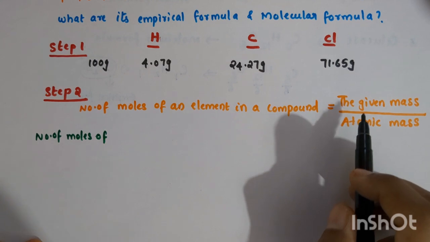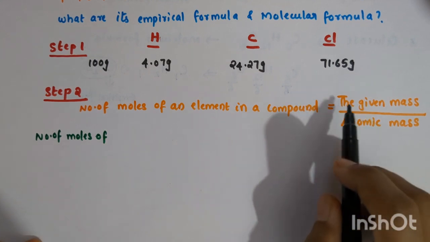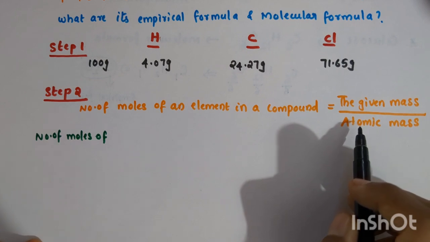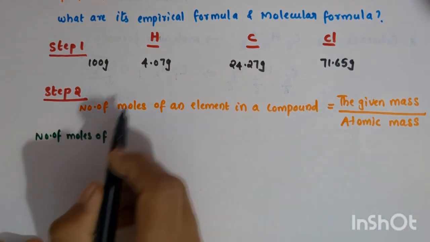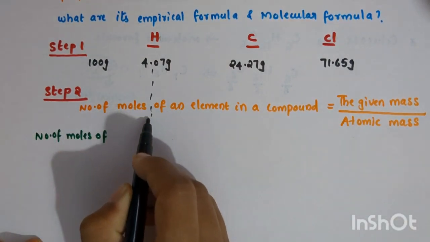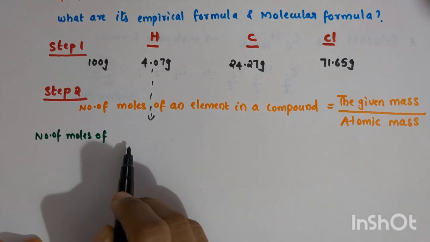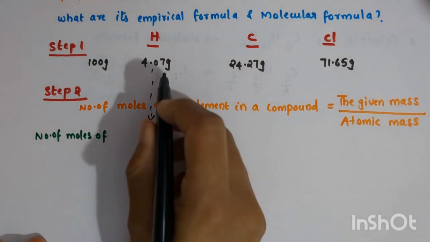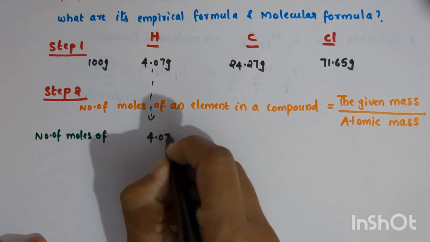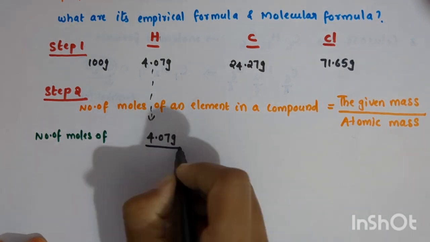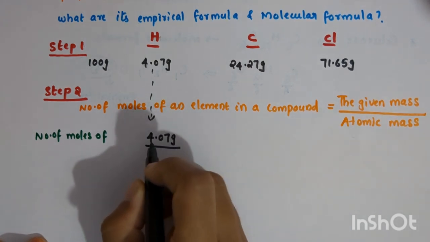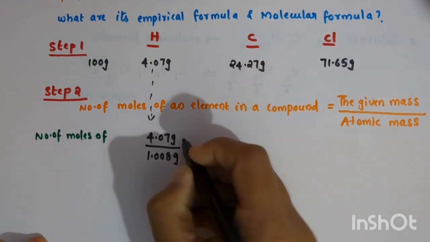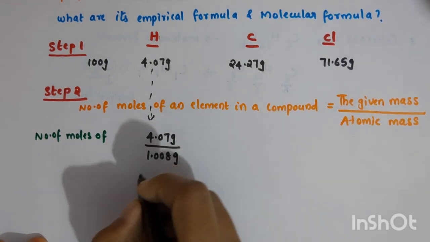The number of moles of an element in a compound is equal to the given mass of that element divided by the atomic mass of the element. So, the number of moles of hydrogen will be equal to the given mass of hydrogen, that is the mass obtained above, which is 4.07 gram, divided by the atomic mass of hydrogen. The atomic mass of hydrogen is 1.008 gram.